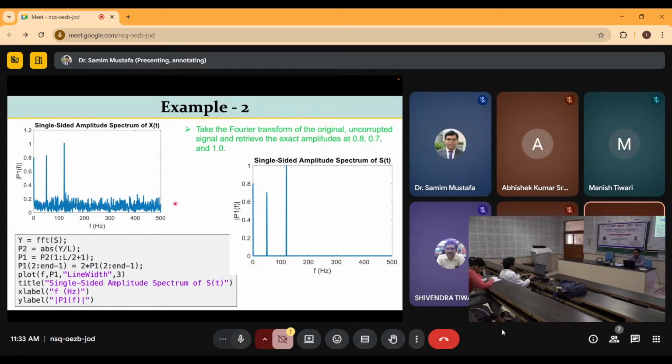So you see it has 0.8 amplitude, then nothing in between, then 0.7 at a frequency of 50 Hz, then nothing in between, then at 120 Hz you get an amplitude of 1, then nothing, because that is the raw, actual signal, right?